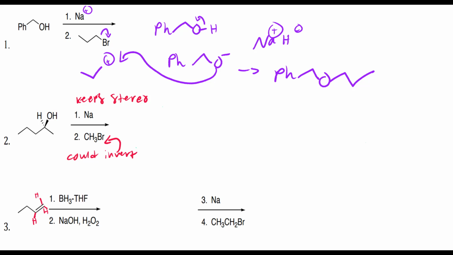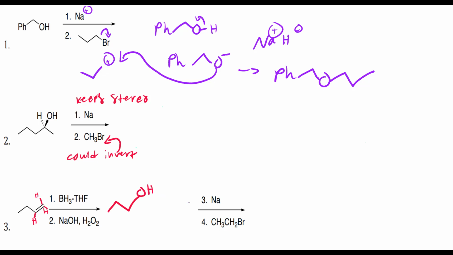Anti-Markovnikov says I want to add my hydrogen to the area with the least amount of friends, so we're going to add our alcohol on that area. After that reaction, you're going to have an alcohol like this.